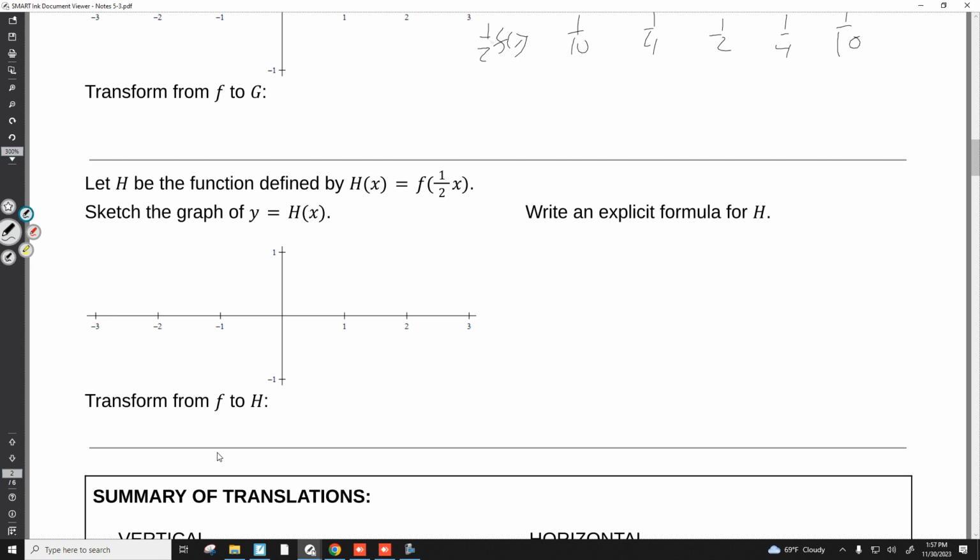Now, it is tough for me to explain why, so I'm just going to tell you. Inside the function is opposite of expectation.